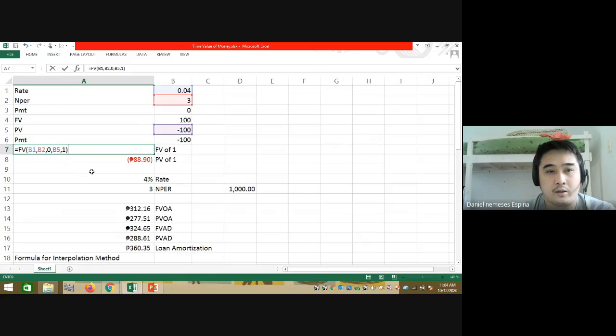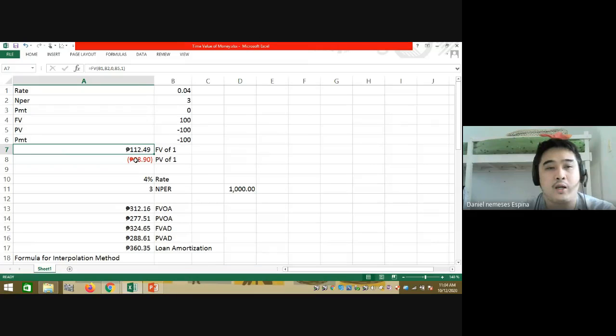Then enter. That's the future value of the 100. After 3 years, the value of your 100, if the rate is 4%, is 112.49.